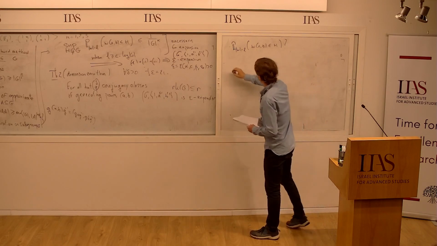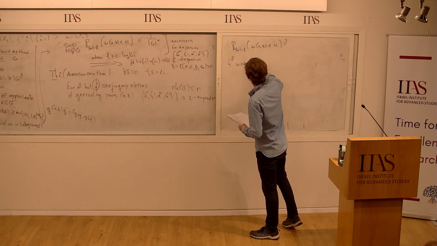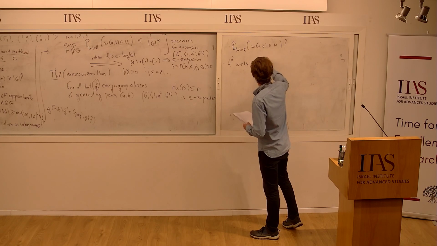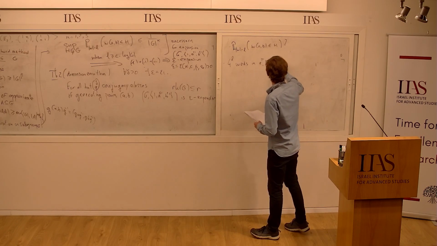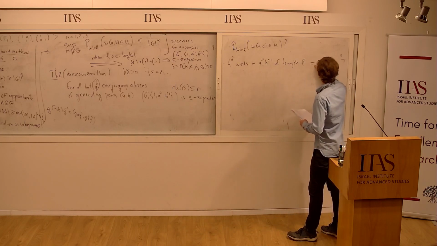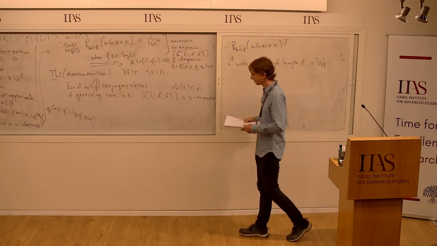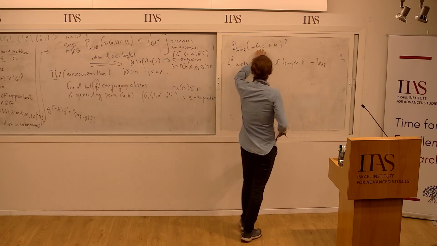Well, there are 4 to the L words in A and B of length L. So let's call this set W_L.